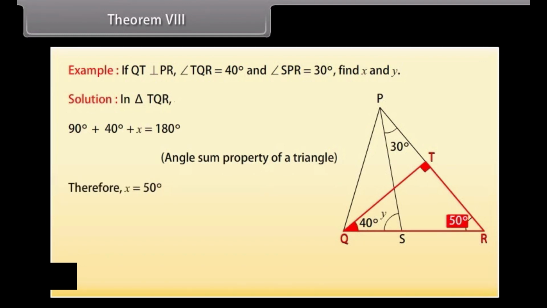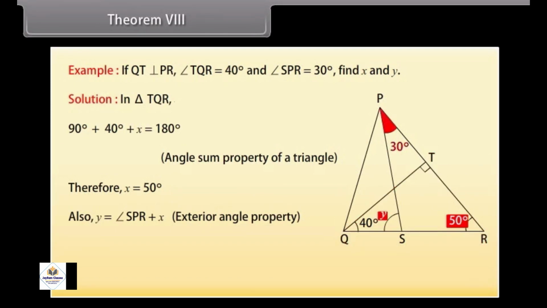Therefore, x is equal to 50 degrees. Also, y is equal to angle SPR plus x, because we know that if a side of a triangle is produced, then the exterior angle so formed is equal to the sum of the two interior opposite angles. Therefore, y is equal to 30 degrees plus 50 degrees, which is 80 degrees.